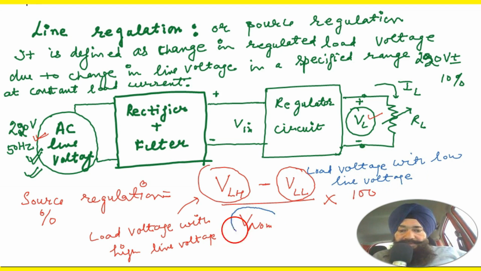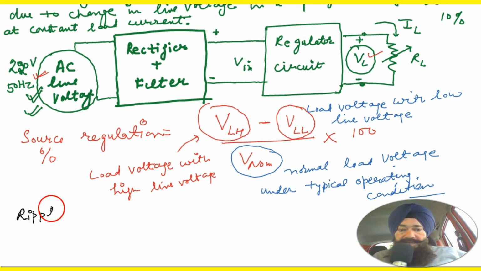We are assuming that the line voltage is changing, sometimes high and sometimes low. And V normal means normal load voltage with typical operating conditions. So this is how the percentage line regulation is defined.